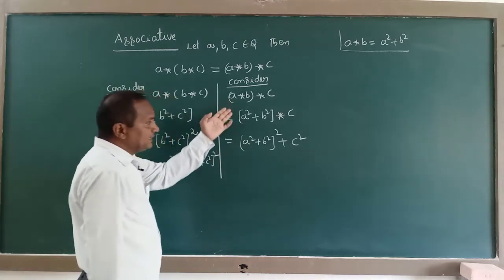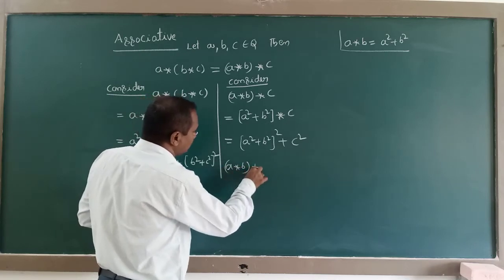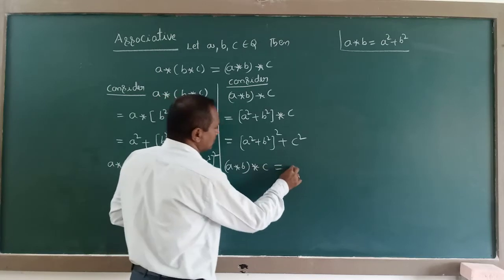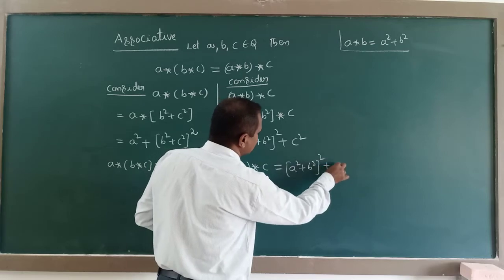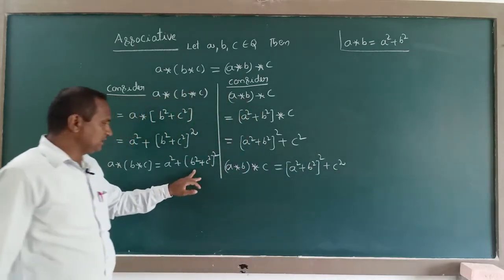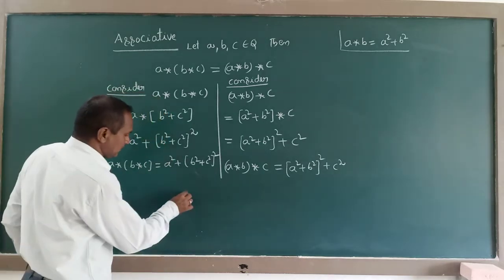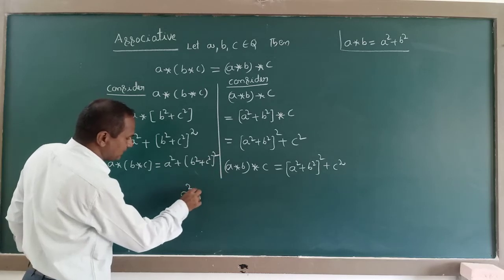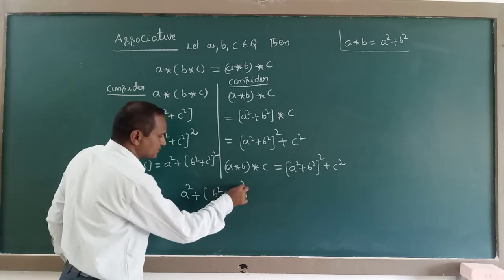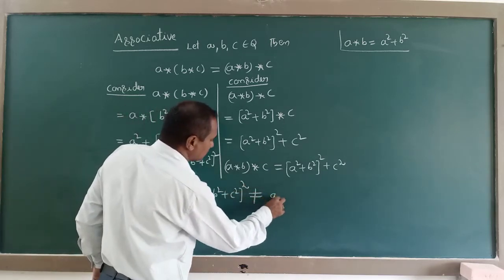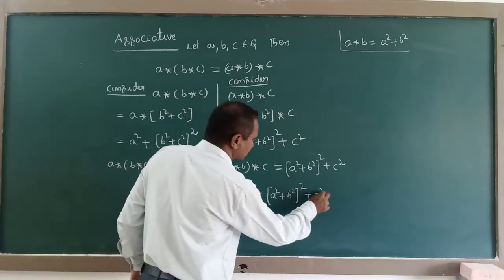What is the right hand side value here? We got A star B of star C is equal to A square plus B square whole square plus C square. By observing these two values, they are not equal, because one is one value and the other is another value. Therefore, A square plus B square plus C square whole square is not equal to A square plus B square whole square plus C square.